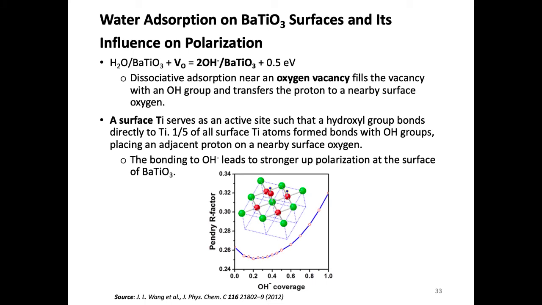So the graph below this bullet shows that with the OH- coverage, the Pendry R-factor first slightly decreases and then increases. That shows that the bonding to OH- leads to stronger upward polarization at the surface of barium titanate.